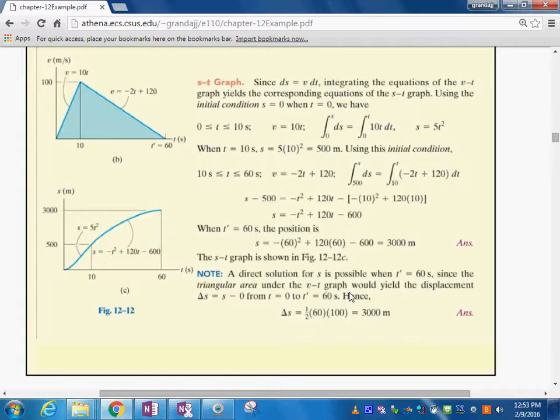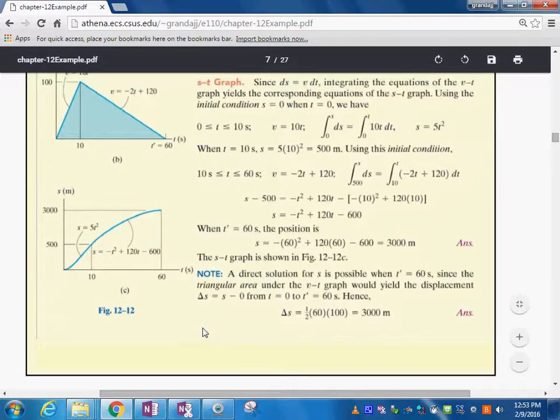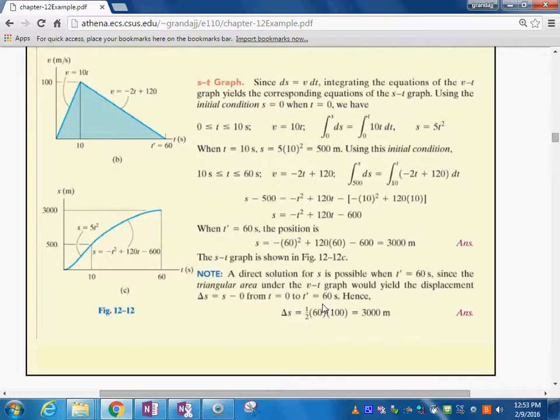So let's go take a look at another one. Okay, so let's take a look at this example now, example 12.8 in here, and you have this diagram, and it describes the motion of this motorcycle, and is shown on this figure.